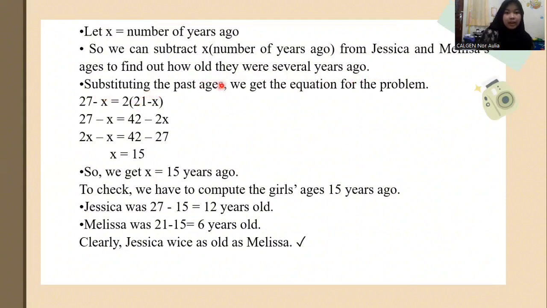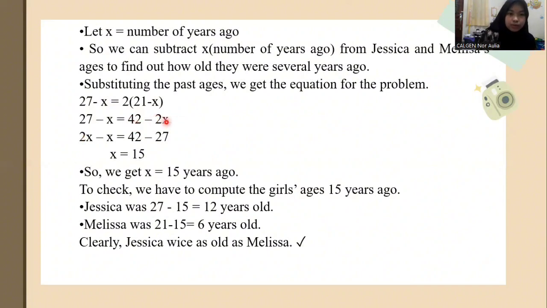Substituting the past ages, we get the equation for the problem. The operation is like this: 27 minus x equals 2 times (21 minus x). 27 minus x equals 42 minus 2x.